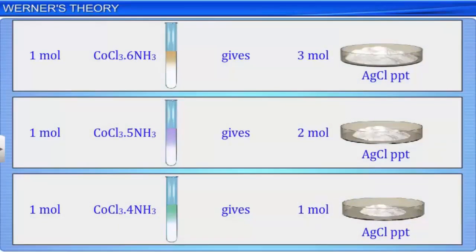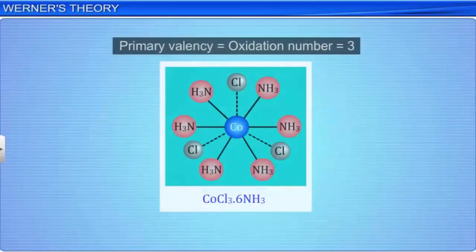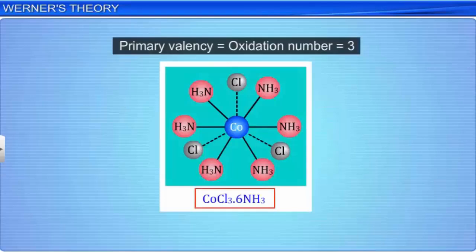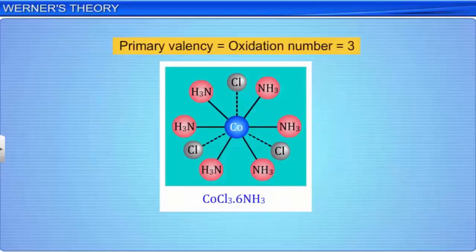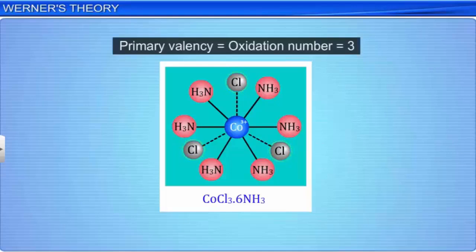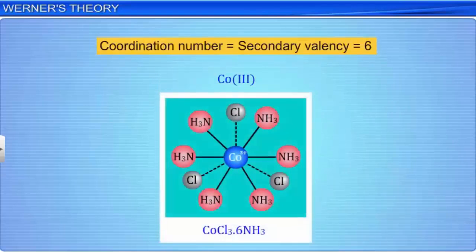Werner deduced that in CoCl3·6NH3, the primary valency or oxidation state of +3 is satisfied by 3 chloride ions. The coordination number of the cobalt 3+ ion is 6. As there are 6 ammonia molecules in the compound, they alone satisfy the 6 secondary valencies of cobalt.